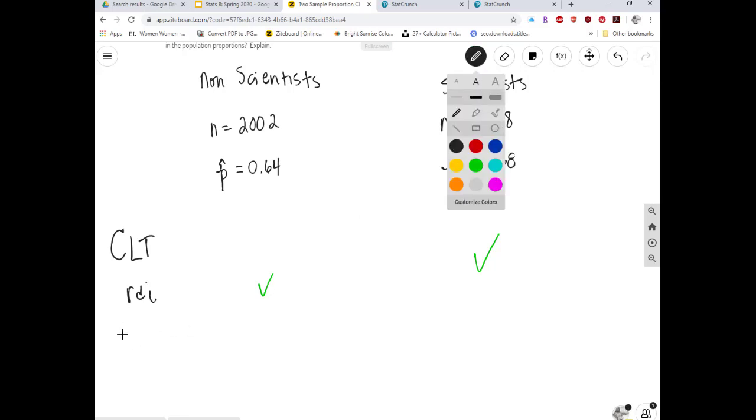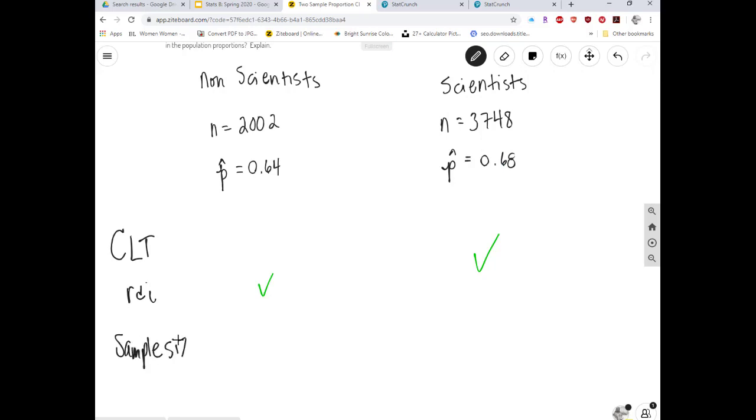The next one is sample size. We need both np to be greater than or equal to 10, and we need the failures to be greater than or equal to 10. So here for non-scientists, I have 2002 multiplied by 0.64.